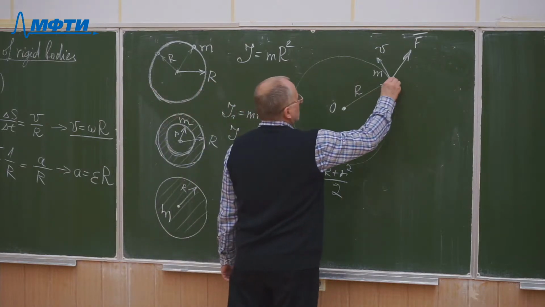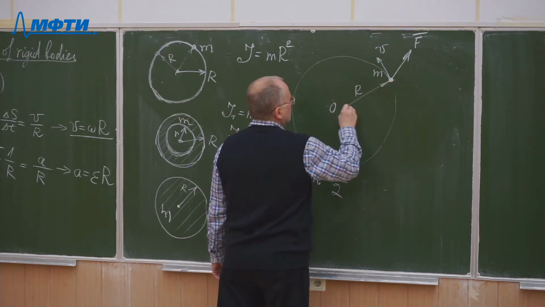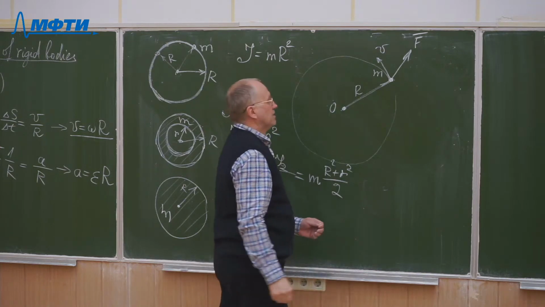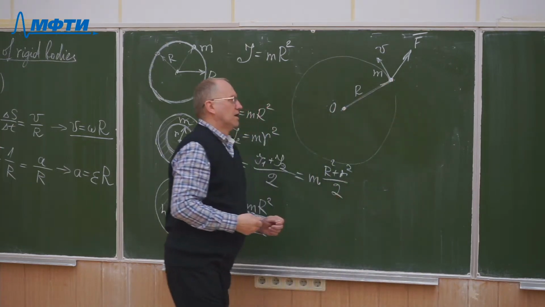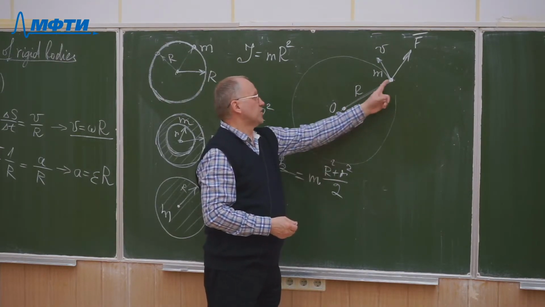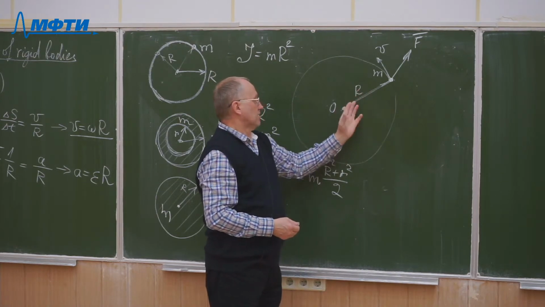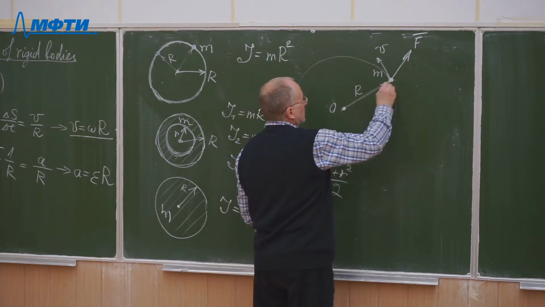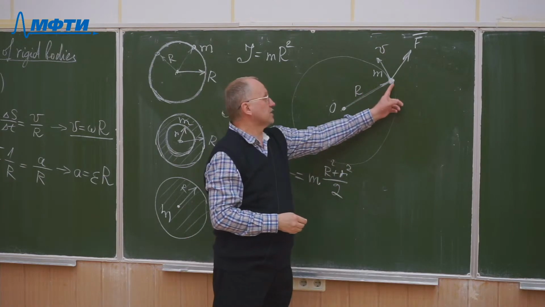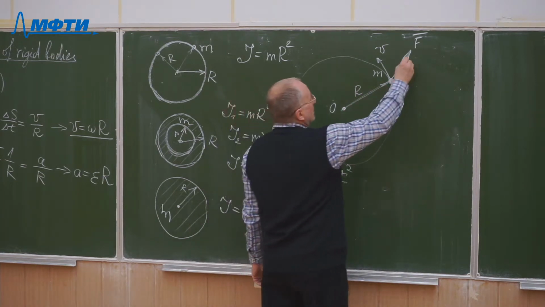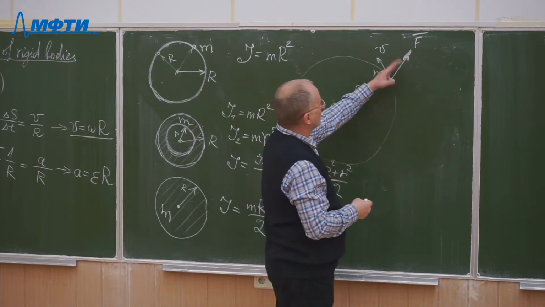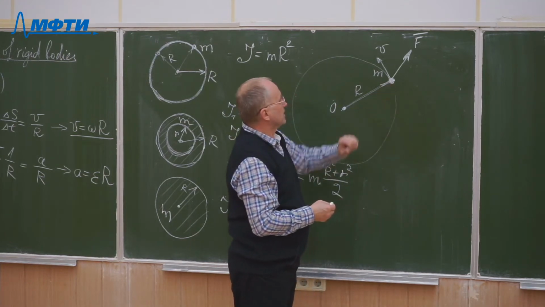The mass is rigidly connected with the axis of rotation, that is, here is some rod which is unstretchable, which cannot be deformed, so that the length of this rod is always the same. It doesn't change in time, and it's equal to r. Only the mass has weight, the rod is massless, and all the mass is concentrated on the end of this rod. Then what will happen if force F with arbitrary direction is acting on this mass?